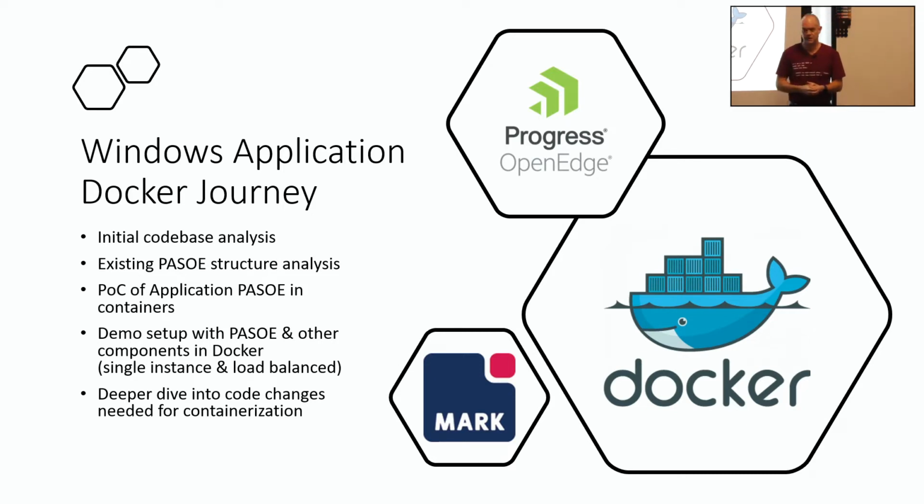And that's part of what we needed to do here, is go in and look at the code, then look at the structure of their PASOE instances, how they were setting them up. There may be some things that were best practice when you initially defined your PASOE setup, which when we're going into containers may not make so much sense.